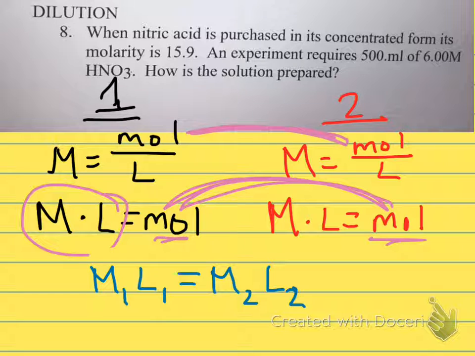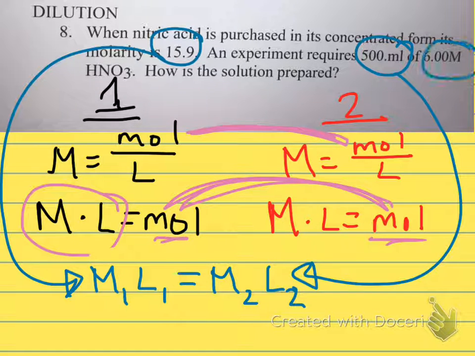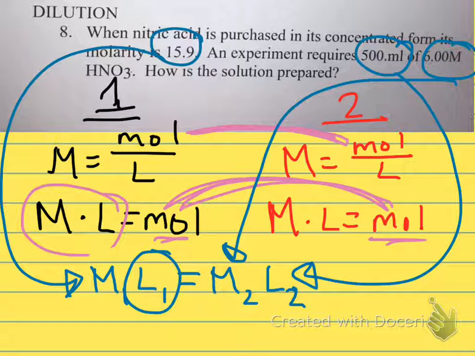So starting from here, we could plug in the molarity of our first solution. We could plug in the liters of our second solution and the molarity of our second solution. And then we could solve for the initial liters, and you should end up with the same thing.